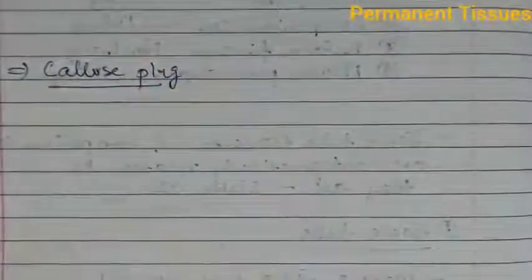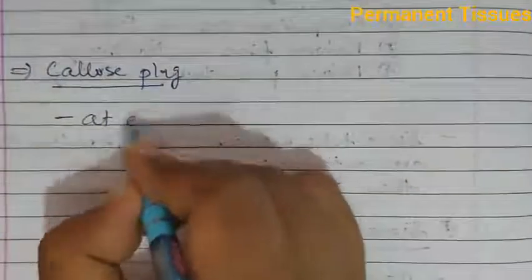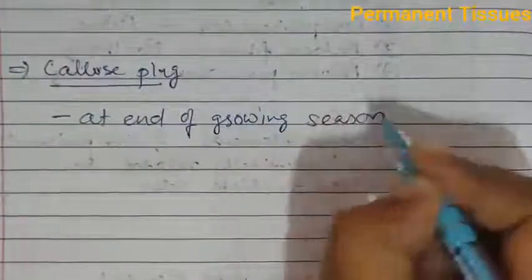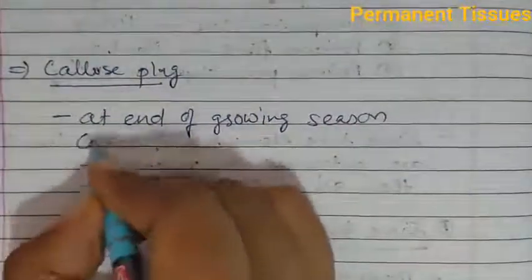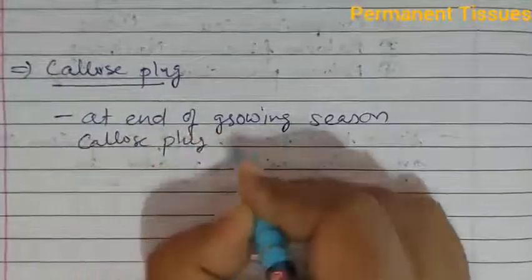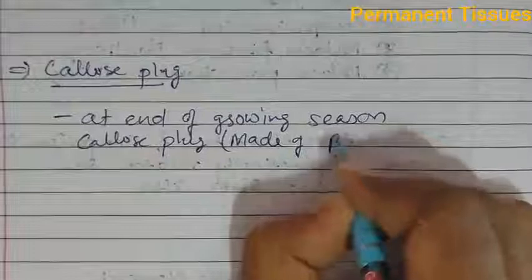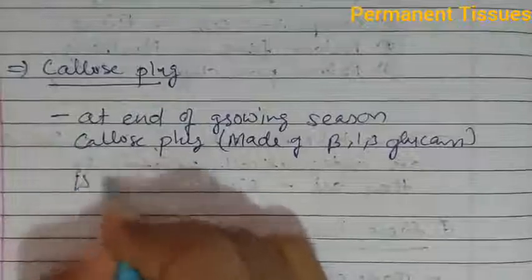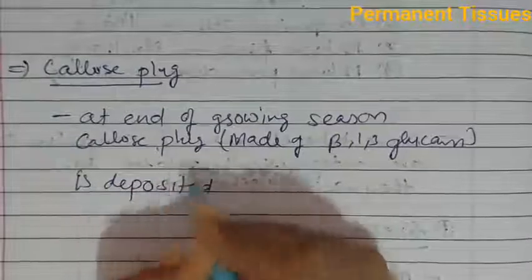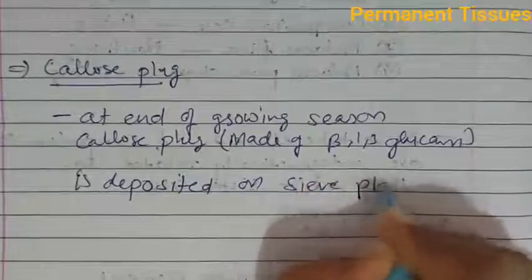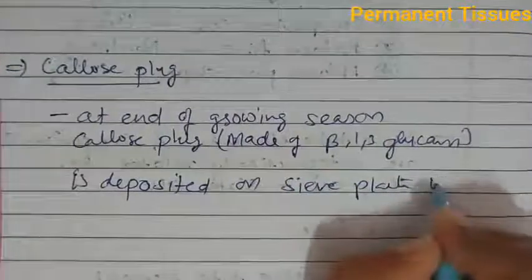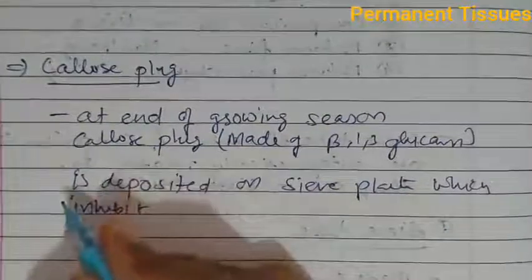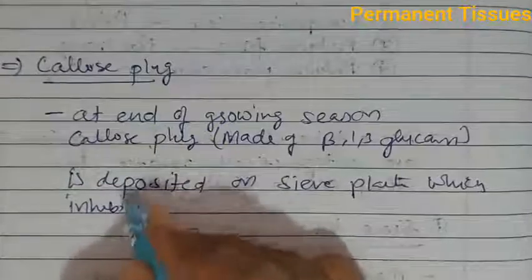At the end of the growing season, a callose plug made of beta 1,3 glucan is deposited on the sieve plate, which inhibits the activity of the sieve tube.